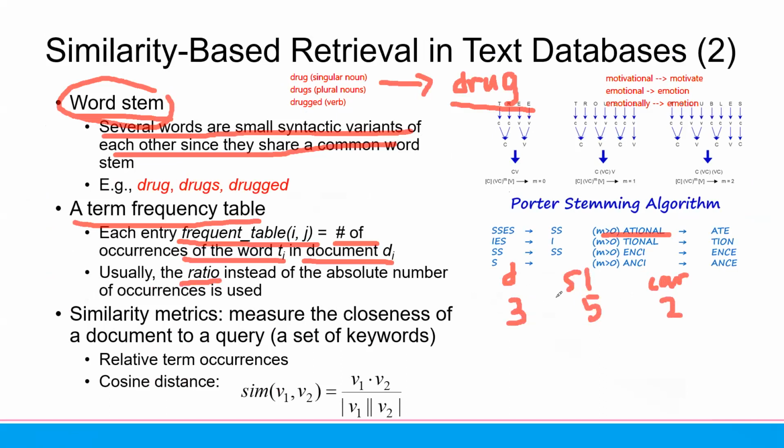So we will convert it into a ratio. Maybe the total is 10, then this is 0.3, this is 0.5, this is 0.2. So we express it as a ratio. And we can do the similarity measure, which is the closeness of the document to a query. We can use the cosine distance.